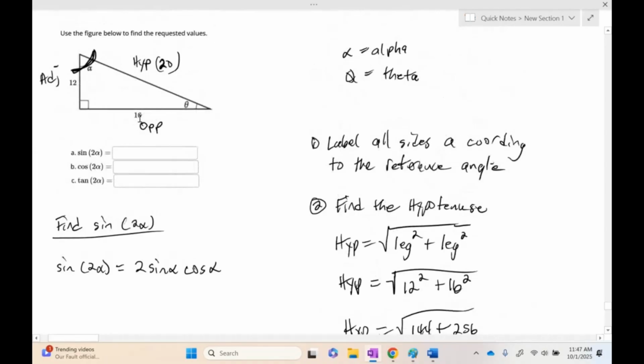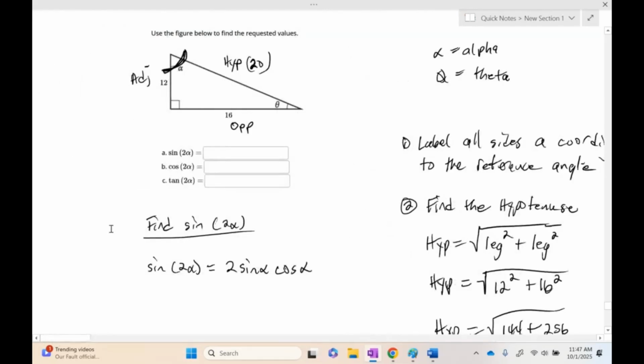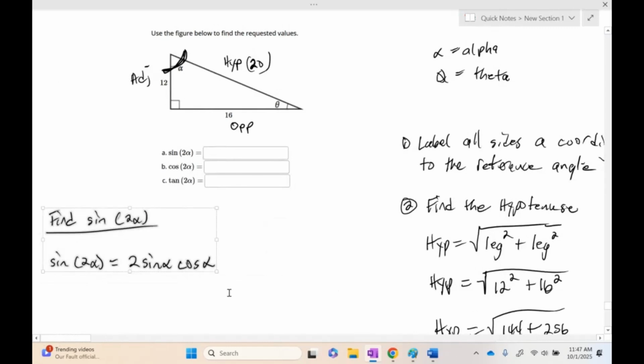The opposite is 16, the hypotenuse is 20. So the sine is 16 over 20, and I believe we can reduce that. We can divide by 4, so that's 4/5.